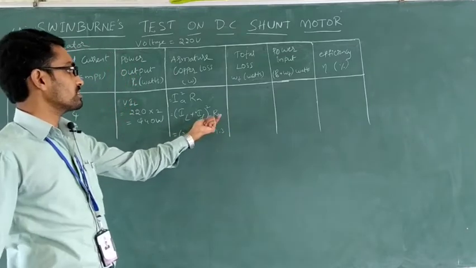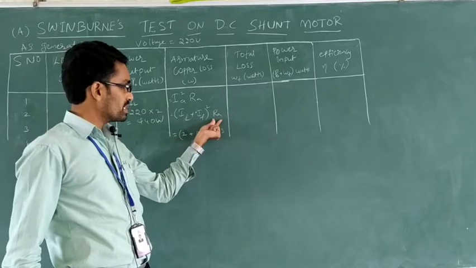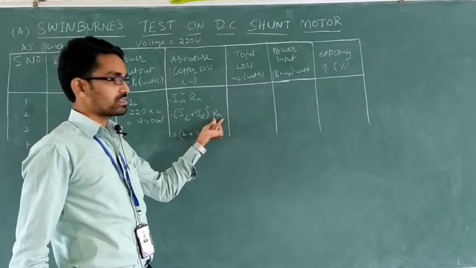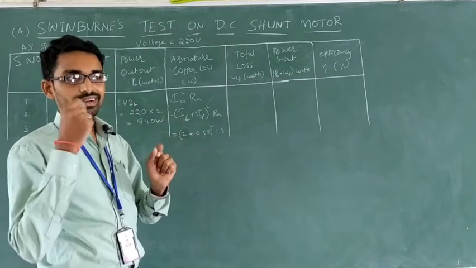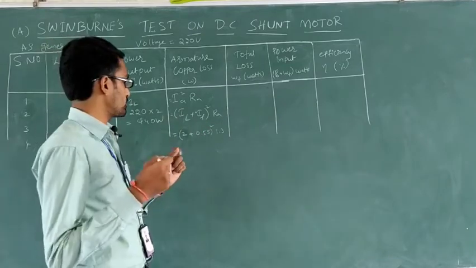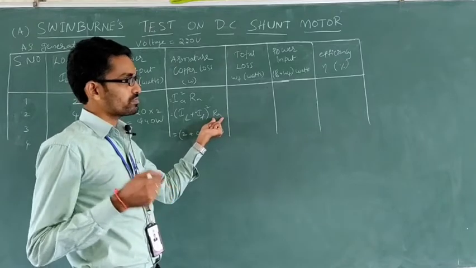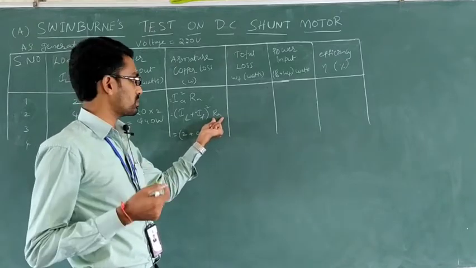How did we get this RA? If you measure the resistance between the A and AA armature terminals, you are going to get the armature resistance. With the help of a multimeter we calculate the armature resistance.